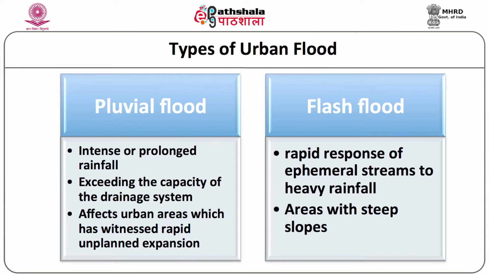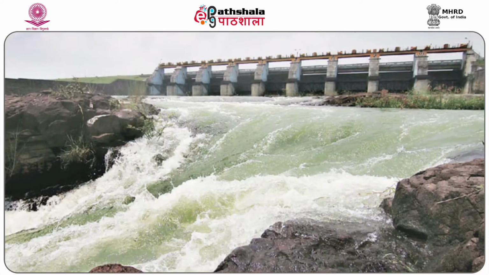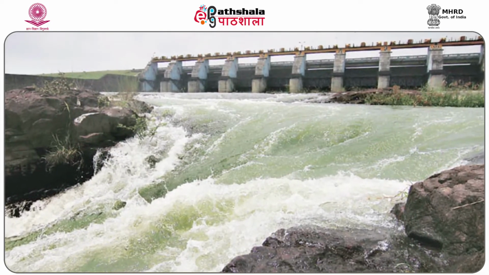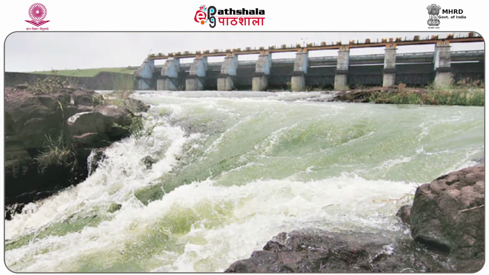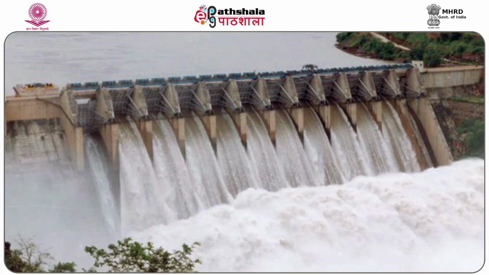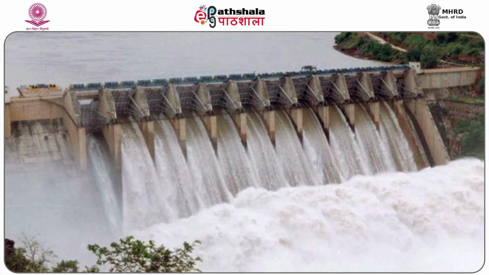Another type is flash flooding, which is caused by the rapid response of ephemeral streams to heavy rainfall. Other causes like structural failure of dams, sudden release of water from dams, increased snow melt, etc. also play an important role in urban flooding in low-lying areas.